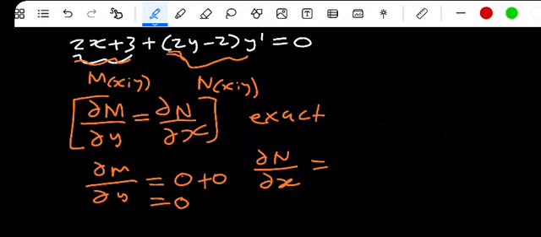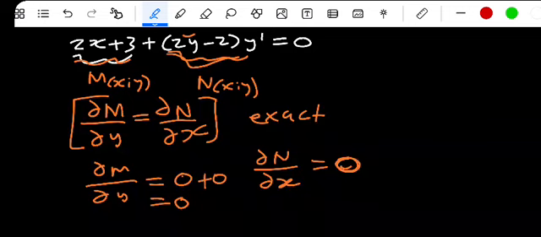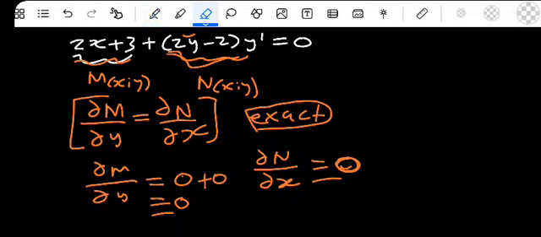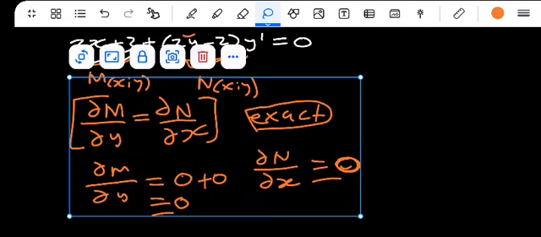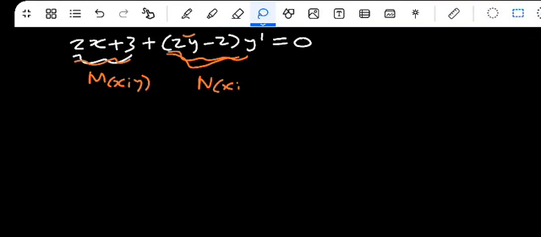We have 2y - 2, which still gives 0. So we have 0 and 0, so this is exact. We have checked that, and that will be our exact equation.